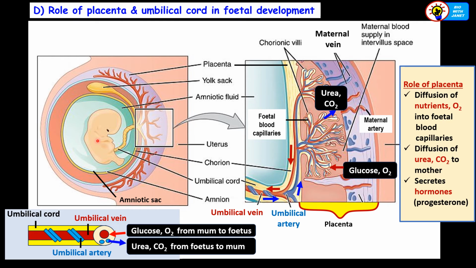So it transports blood towards the heart of the fetus. In relation to the fetus, the blood is flowing back to the heart. So that's why it's called the umbilical vein. A vein transports blood towards the heart.